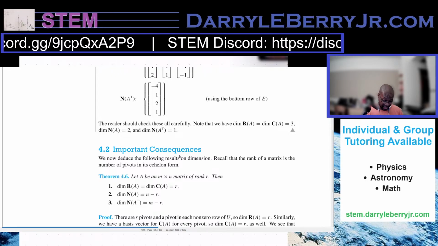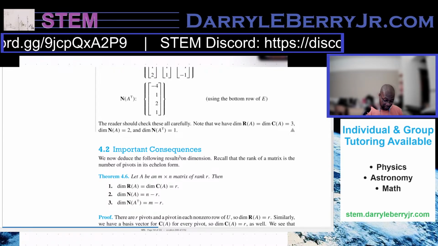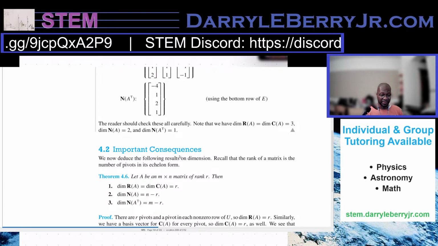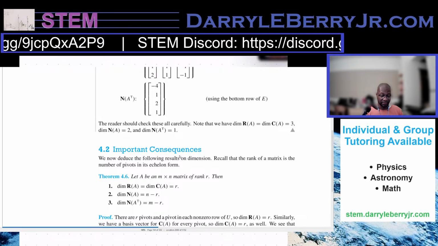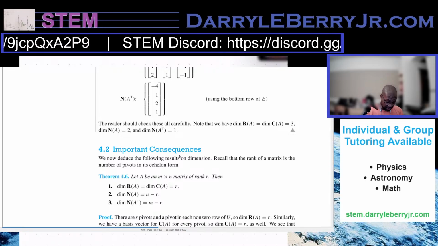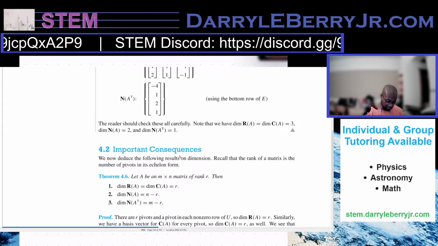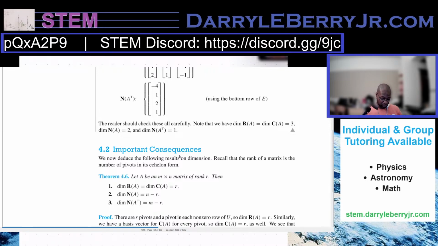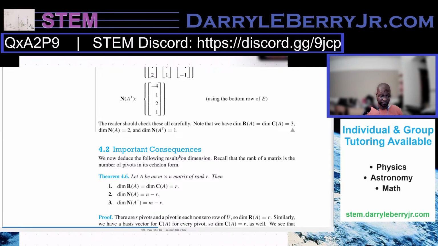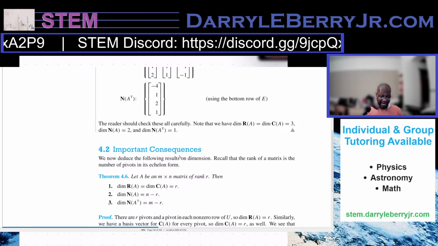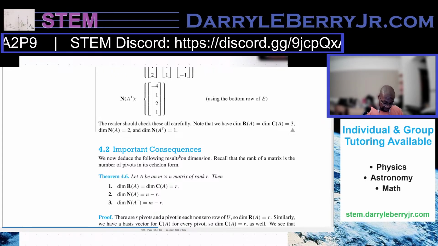Does the column space have two? Dimension equals 2, equal R. Does the dimension of the null space equal n minus R? So in this matrix, m by n equals 3 by 4. 3 rows and 4 columns. So does 4 minus 2 equal the dimension of the null space?